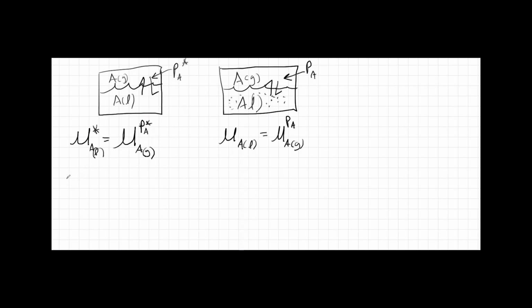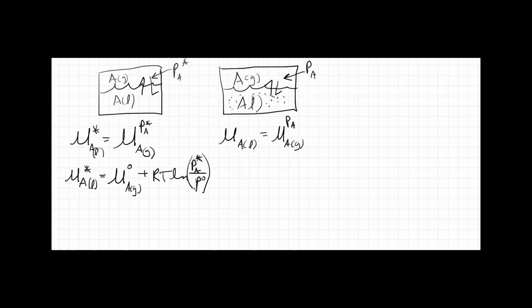So let's go ahead and rewrite that on this one first. We still have on the left-hand side the chemical potential of pure A, but on the right-hand side we're going to relate the chemical potential at the vapor pressure to the chemical potential of the vapor at 1 bar. So we have RT log of the pressure, the pure vapor pressure, which is the pressure that it's actually at, over 1 bar, which is our reference pressure.